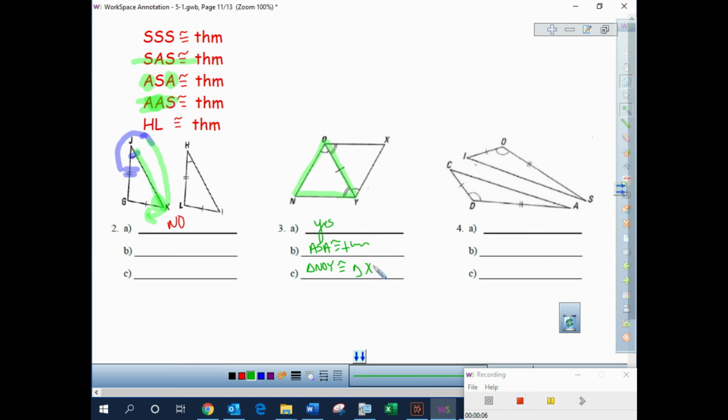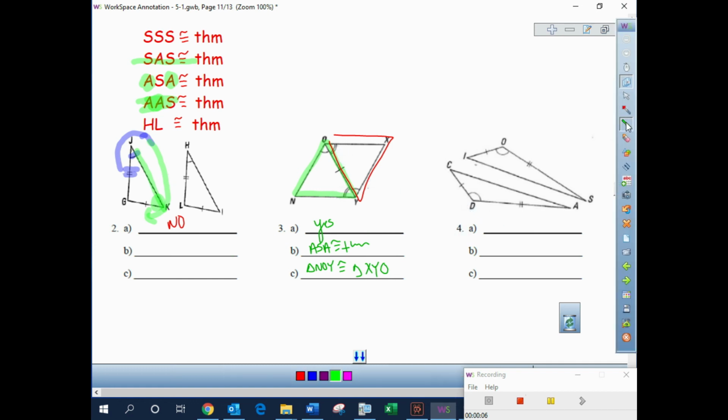It corresponds with Y in the other triangle, which has the single arc mark. And Y in the green triangle has the double arc mark. It corresponds with O in the other triangle, which has the double arc mark. So that's kind of tricky. Also, you've got to go from a green triangle to a red triangle. The green single arc mark has to go with the red single arc mark, and the green double arc mark has to go with that. So be careful with that.